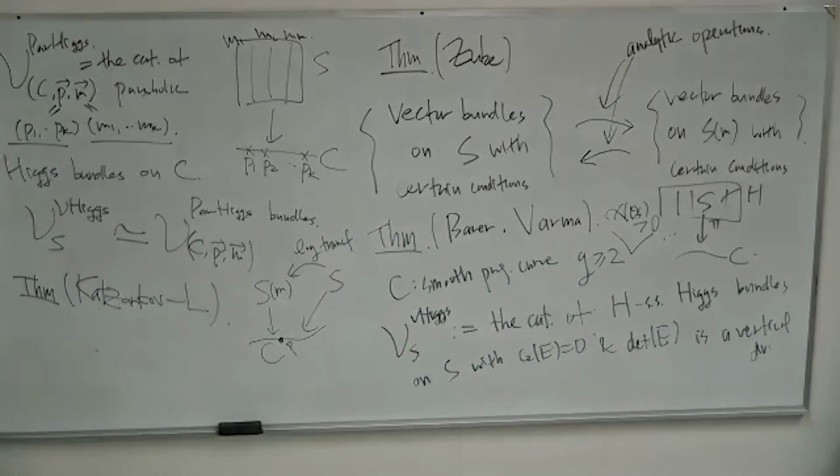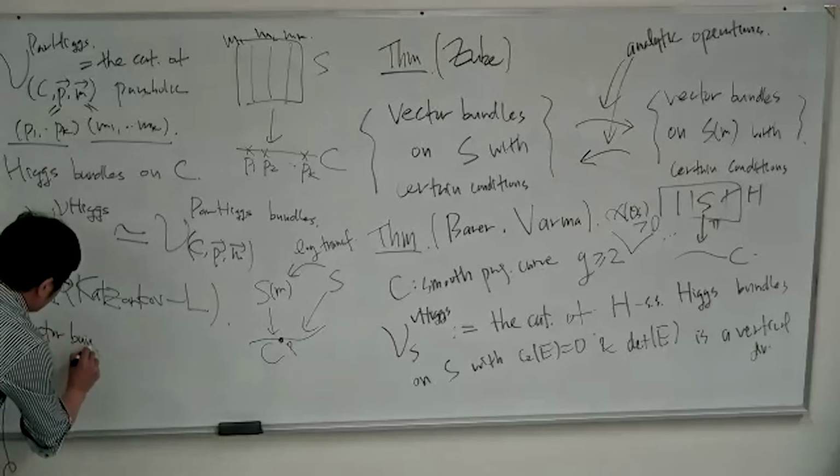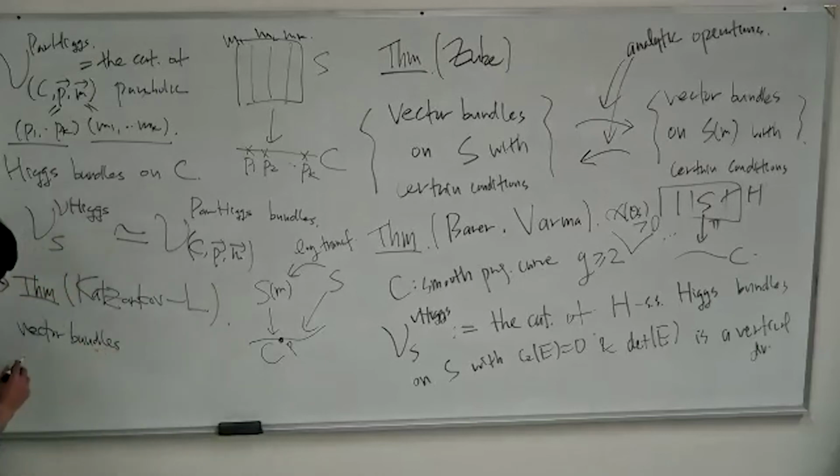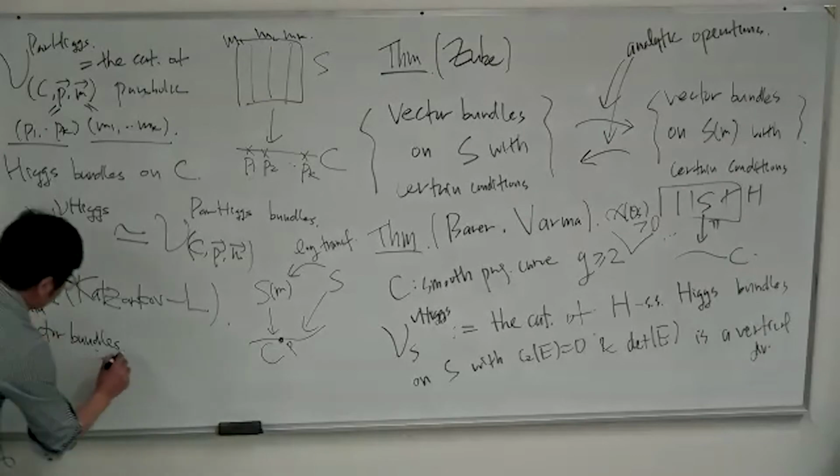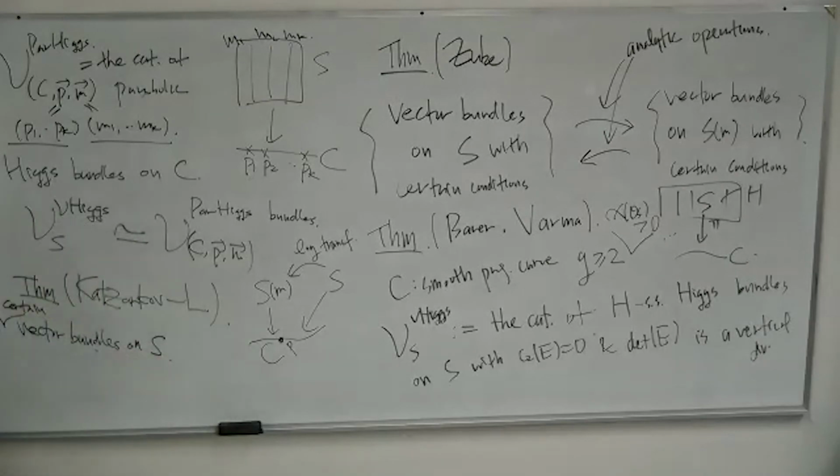Anyway, then certain vector bundles on S can be identified with parabolic bundles on the curve, right, by this theorem.